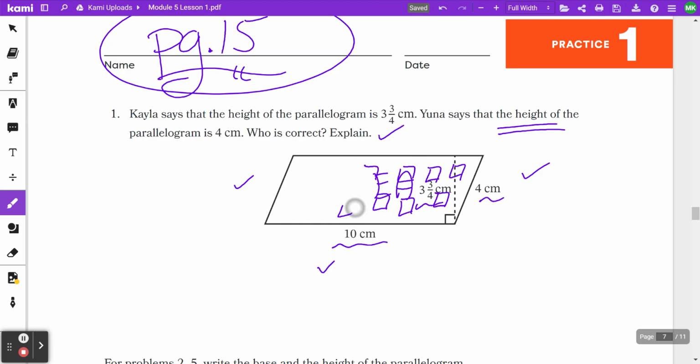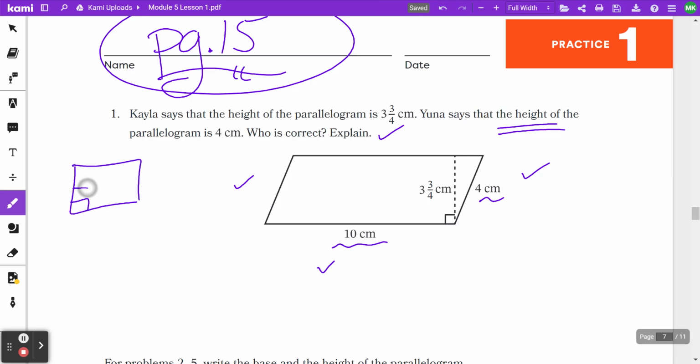This is not as easy as a rectangle or a square because it is slanted. If we were filling up a square with squares, life isn't so bad. You can fit them in there nice and neat. Rectangle, similar. You fill up your little squares, count them up, and you have your area. Parallelogram, not so much.